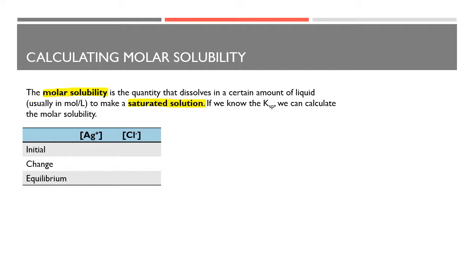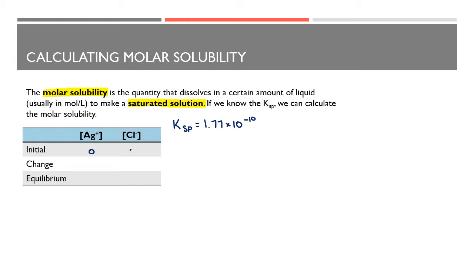If we know the Ksp, we can calculate the molar solubility. So remember that Ksp for silver chloride is very, very low, 1.77 times 10 to the negative 10th. If we're setting up a reaction for this, we would just be producing ions. The solid isn't going to be represented, so we leave it out of our ICE box.